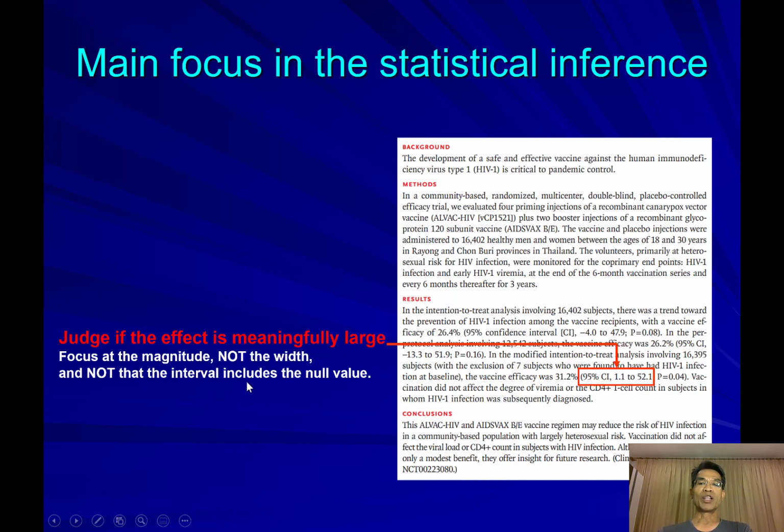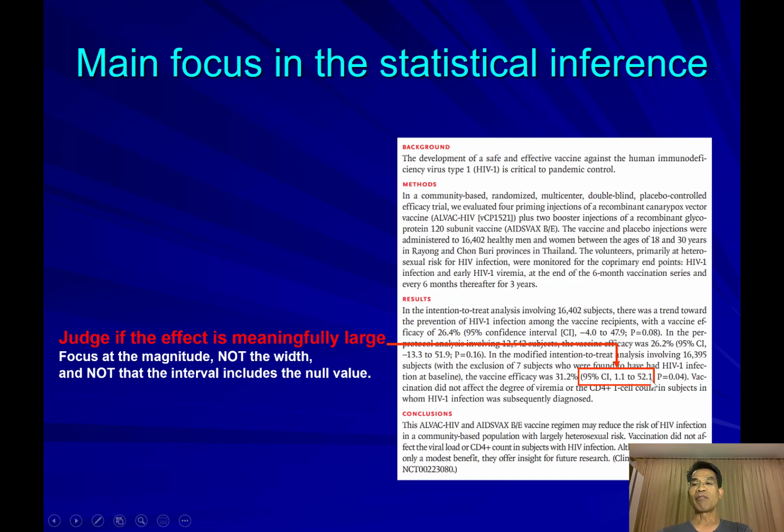So I remark here, we need to focus on the magnitude, how large the effect is, not the width, whether it is wide or narrow, and not whether the interval includes, overlaps or covers the null value of no efficacy. No, just how large it is.